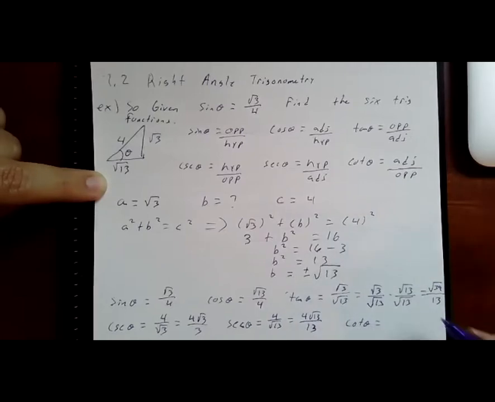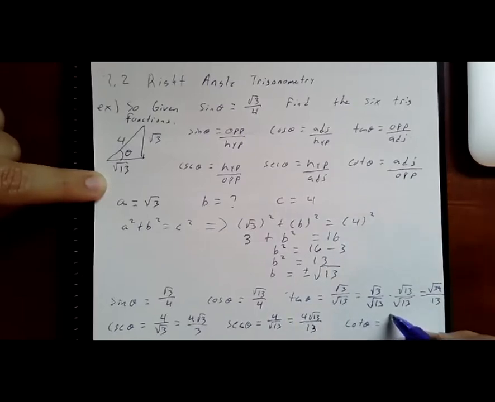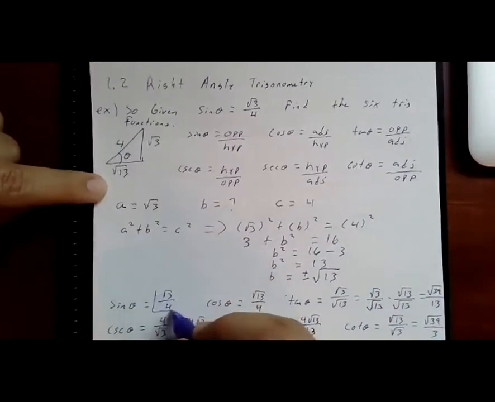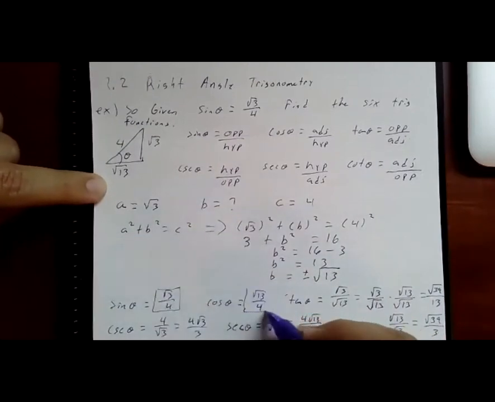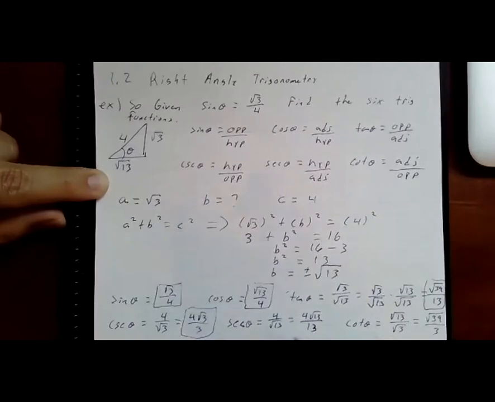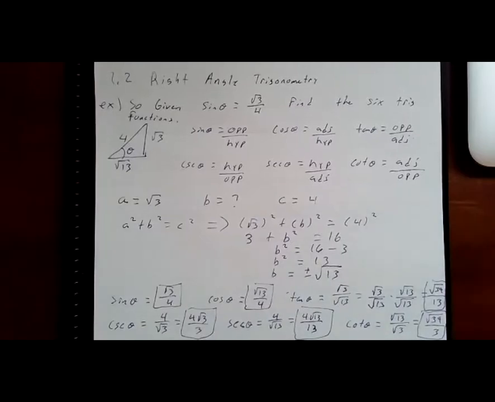Cotangent will be the reciprocal of that first one, maybe this one, or root 39 over 3. I'm going to box these answers because there's a lot going on here. They might accept the unrationalized answer. I don't know, but you should be able to rationalize at this point.